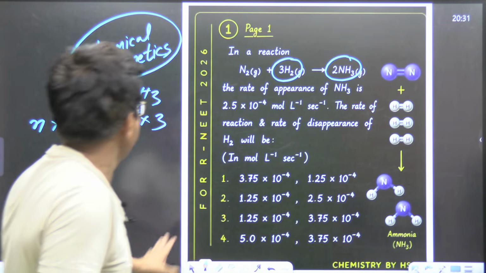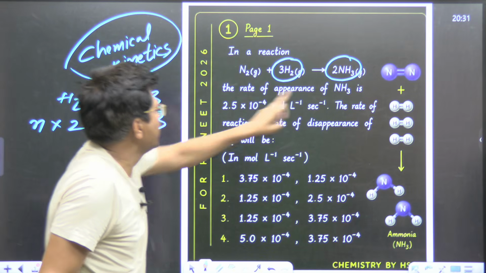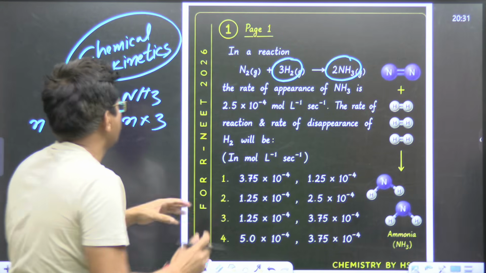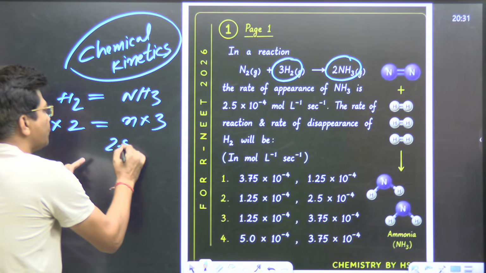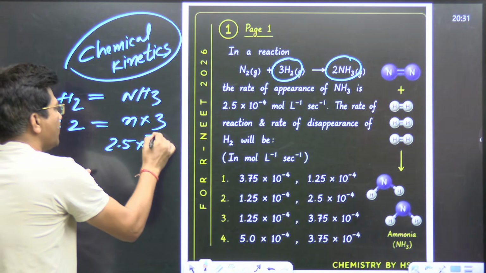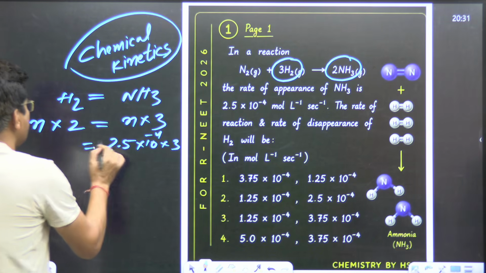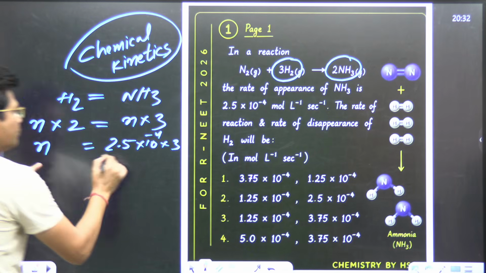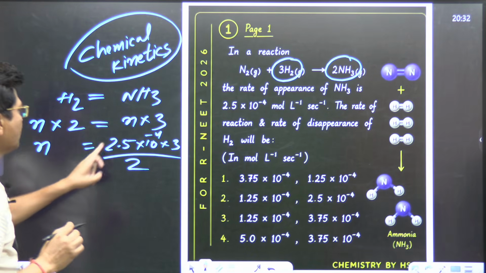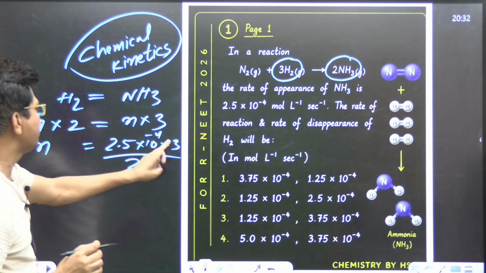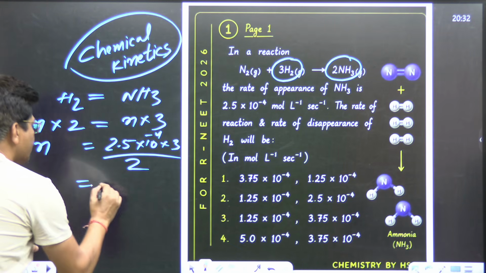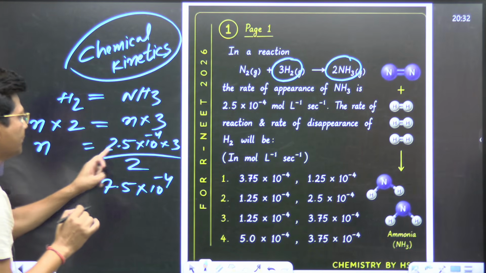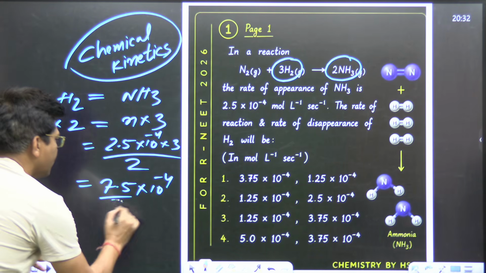Now see what information we are getting. Ammonia is given 2.5, its moles per liter, that is the concentration. We can write here 2.5 into 10 raised to power minus 4 into 3 is equal to, this 2 we know, this we don't know, so I can write n is equal to and divide it by 2. Now see, 2.5 threes are 7.5, and 7.5 into 10 raised to power minus 4 divided by 2.